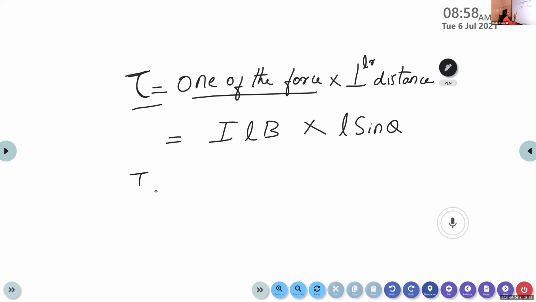Or we can write tau is equal to I into L square B sin theta.